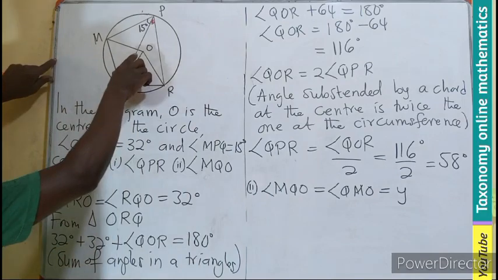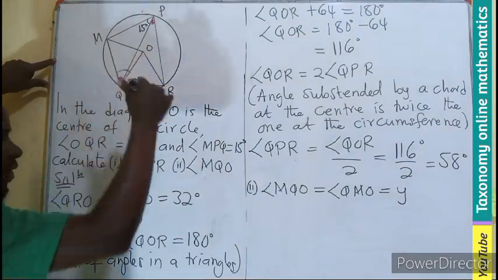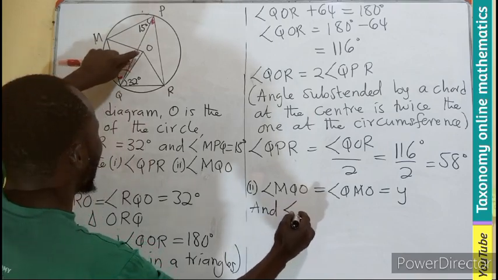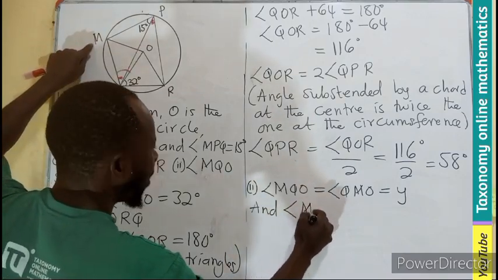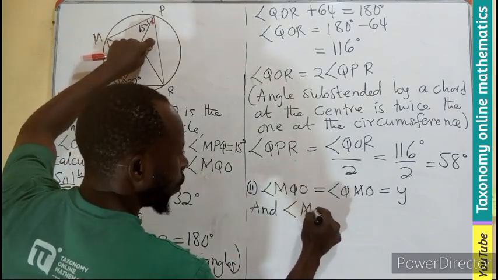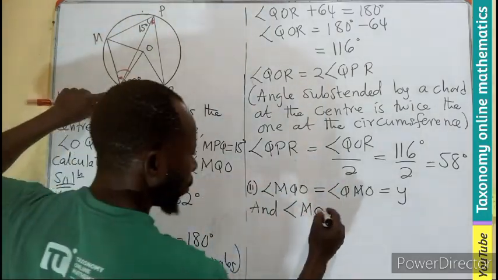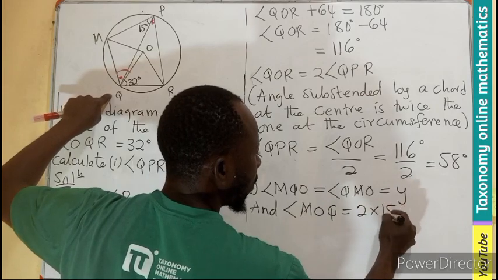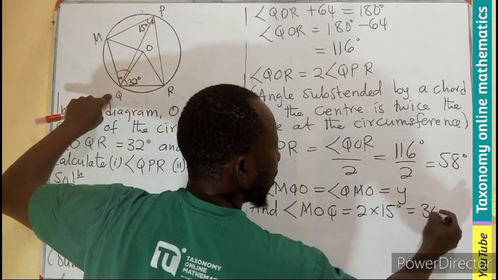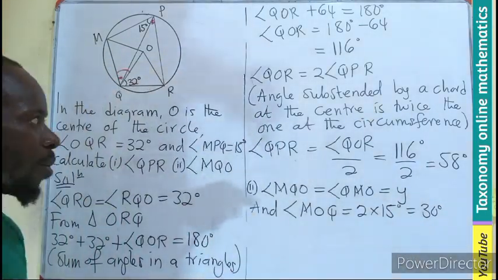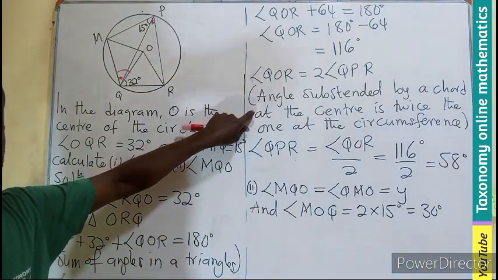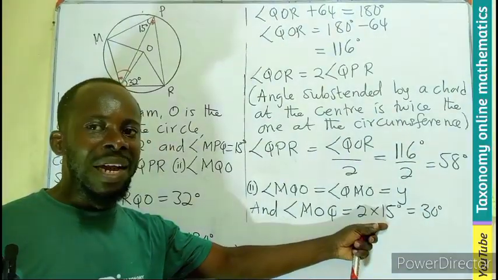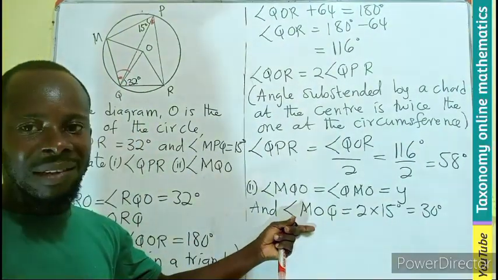So I can say that this very angle is twice this. The angle MOQ should be equal to 2 times 15 degrees, and that gives us 30. Don't forget, this property is what we are using.